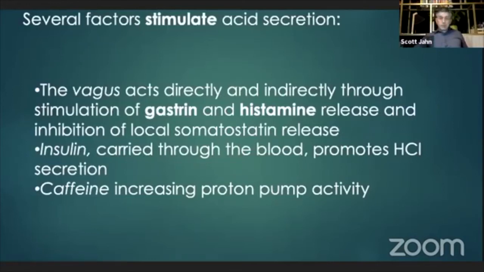So NSAIDs, non-steroidal anti-inflammatories, which include things like aspirin, ibuprofen, and similar drugs, can cause gastric ulcers, because what happens is they circumvent that mucus protection of the lining. So people who take one aspirin a day to lower their blood pressure are going to wind up hurting their intestinal system and start creating ulcers.